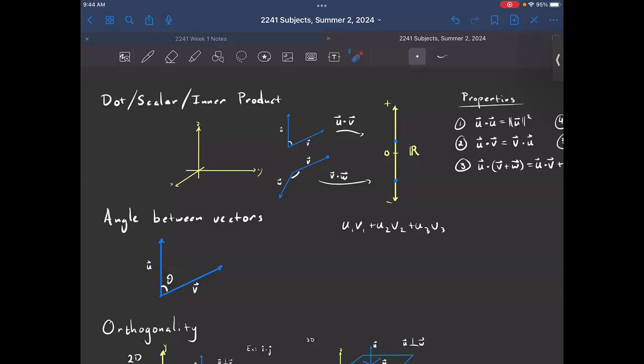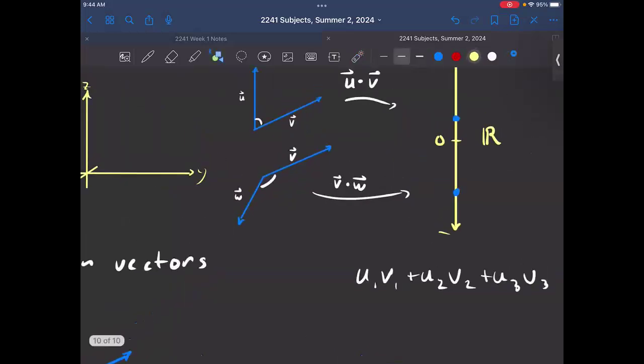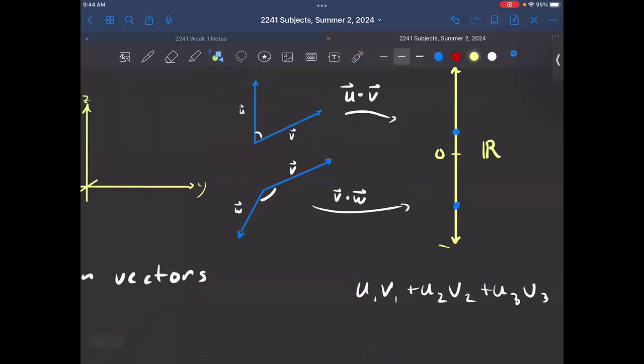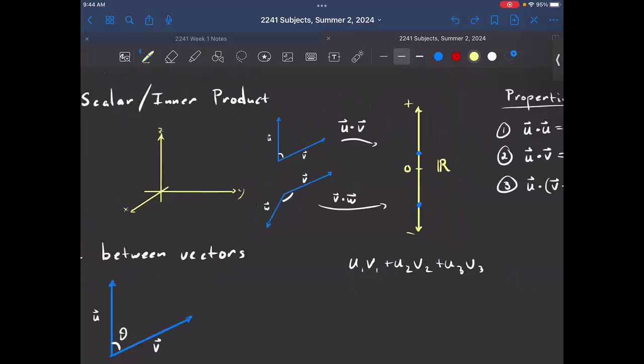What I mean by that is, if I look at the line perpendicular to v right here, well, u is on the same side of the line as v, whereas w is not. So if I look at that perpendicular line at the initial point of v, w points in the opposite direction, points to the negative side of that line, while v points in the positive side. So that's what the positive or negative means here.